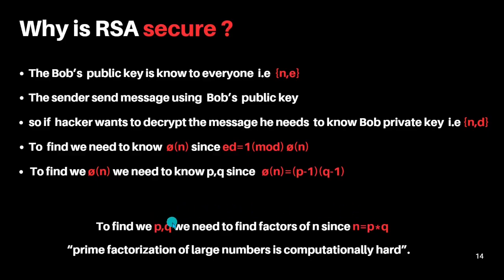Since he cannot find the values p comma q due to the hard problem of factorization, he cannot find phi of n. Since he cannot find phi of n, he cannot find the value of d. Since he cannot find the value of d, he cannot decrypt the message which I send to Bob. So this is why RSA is secure always.